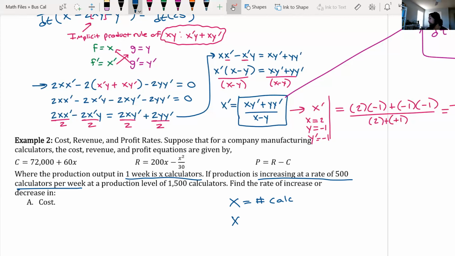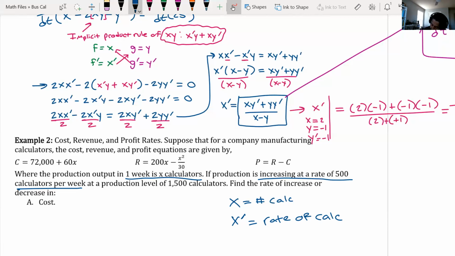Well, you would take the derivative with respect to time, but rate just means derivative. And what is the implicit derivative of x with respect to time? Did you say time or did you say prime? I'm going to walk it back and say prime. Okay. And x prime would represent the rate of calculators. So whenever you see the word rate, that just means derivative.